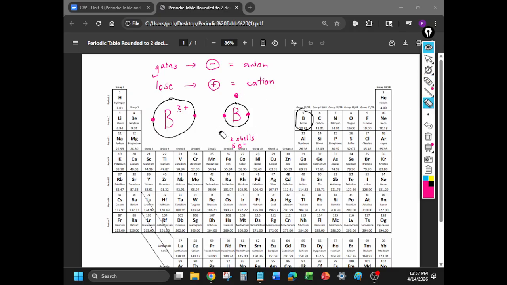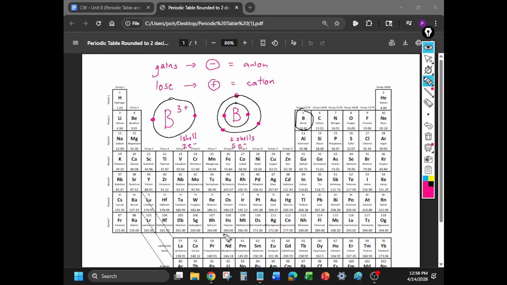So just so you guys can compare it, I'll have them next to each other. Regular B has 2 shells, and it's going to have 5 electrons. But B3 plus, you lose 3 electrons, which are the outside electrons. So B3 plus is actually only going to have 1 shell, 2 electrons. That's going to be the difference between the ions.